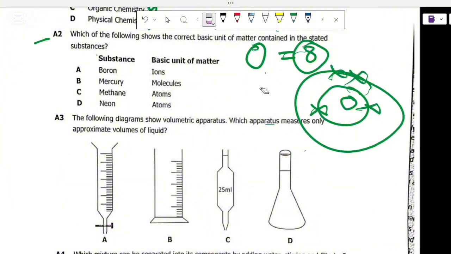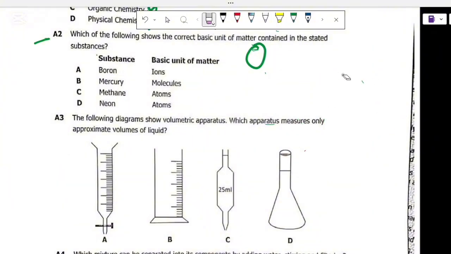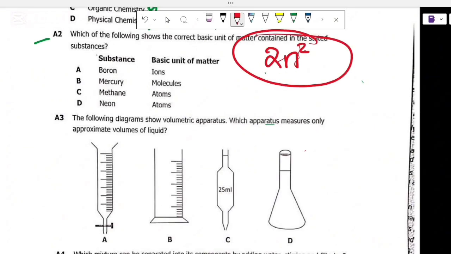I want you to remember something here. There is this formula which is 2n squared. You have to remember this formula. 2n squared. Now, when you pay attention to this particular formula, it will stick into your brain. You will not need it.